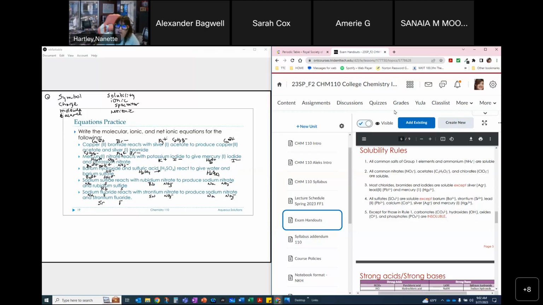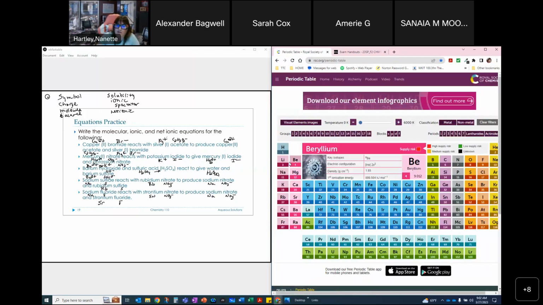Sodium, Na, and a +1. S is right here, so it's going to pick up 2 electrons to be like the nearest noble gas, so it's a 2 minus. And when we talk about rubidium, it is right here, so it's a +1 as well.